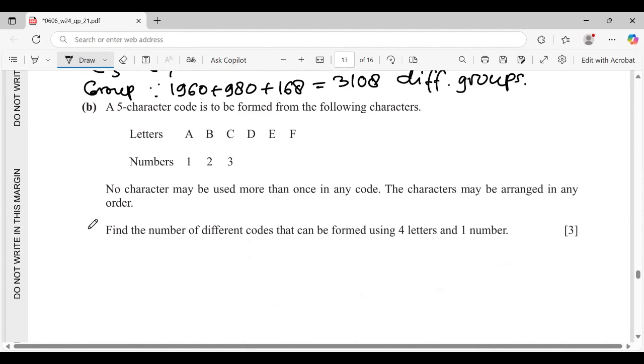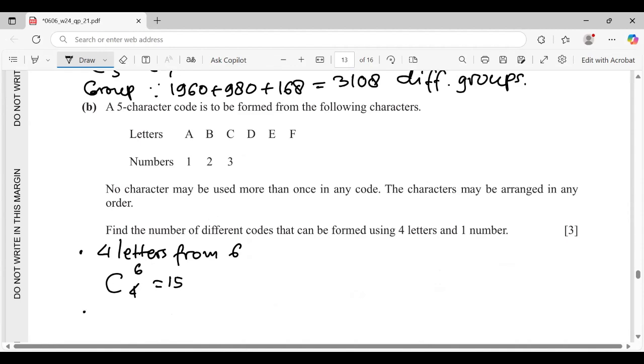We are going to choose 4 letters from 6: 1, 2, 3, 4, 5, 6. So the combination is 6C4, and the result is 15.